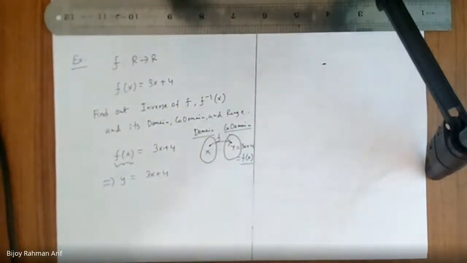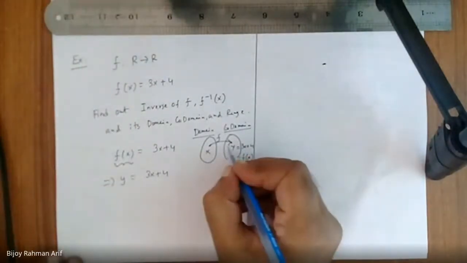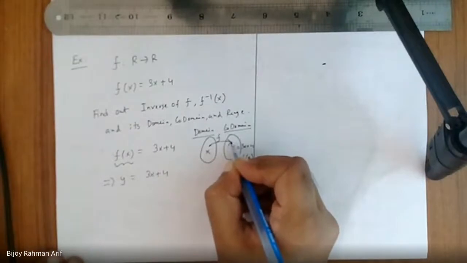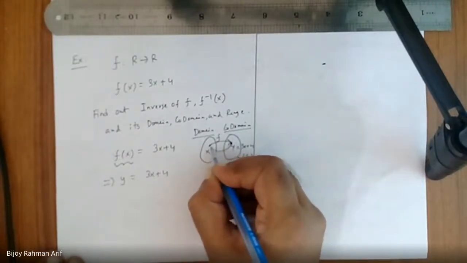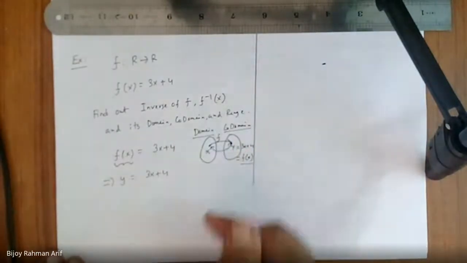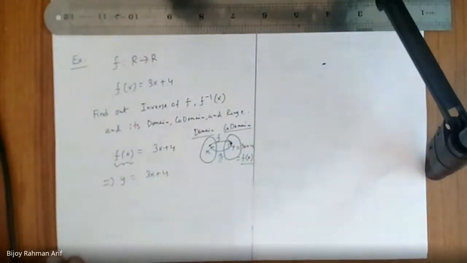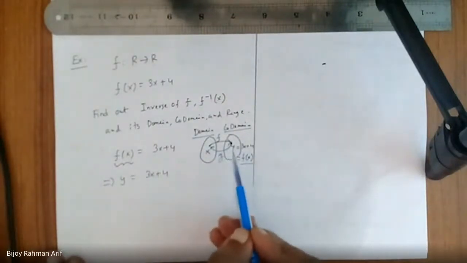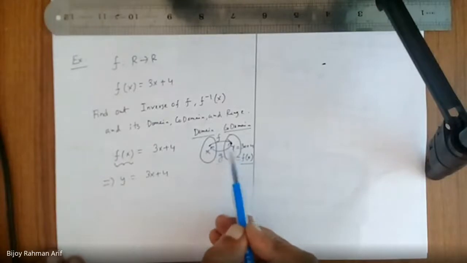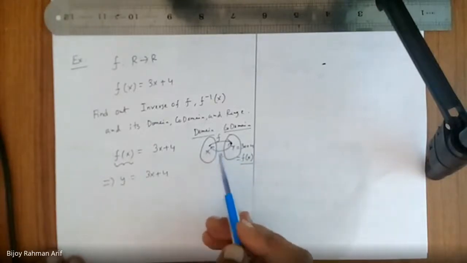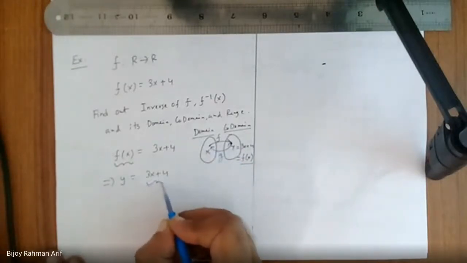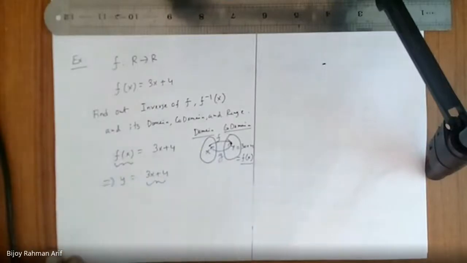Now what do we require to do? We have to convert this y point to x, and we have to find a function for that. That is nothing but g. So if we want to map y to x, we need to express x as a function of y. Do you agree with me or not?